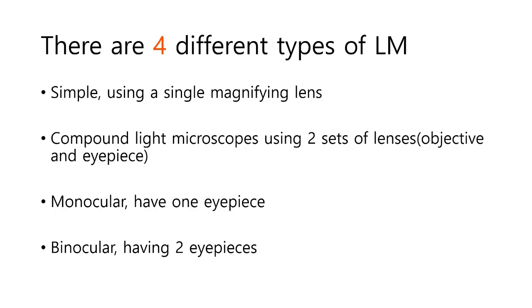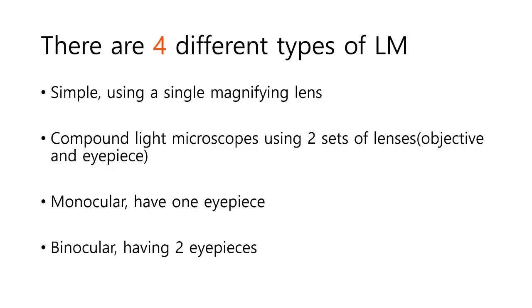Now, there are essentially 4 different types of light microscopy. There are the simple light microscopes that use a single lens to magnify an object but don't really reach a high magnification. And then there are the compound microscopes that use 2 sets of lenses, an objective lens and an eyepiece, to produce images. And then there are the monocular microscopes that have 1 eyepiece.